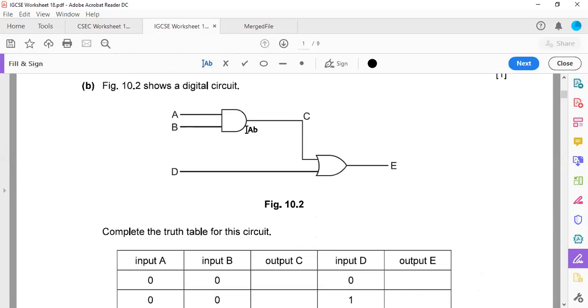Anyone know? AND gate, yes. So it is an AND gate. And this one here, the second gate here, which gate is it? Anyone?